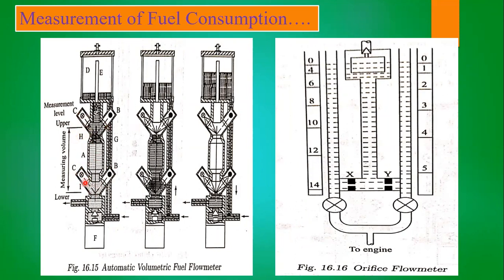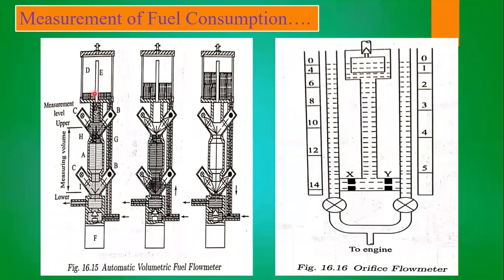Similarly, the same arrangement is here. This is the upper housing and this is the lower housing, where we also have one photocell and one light source. Here also one photocell and one light source. D is the equalization chamber.